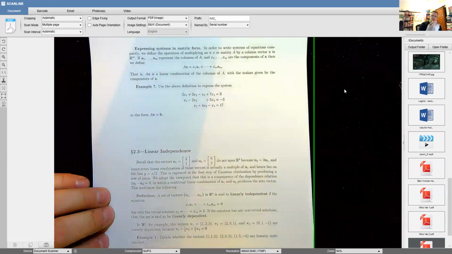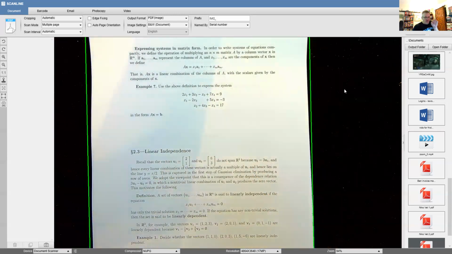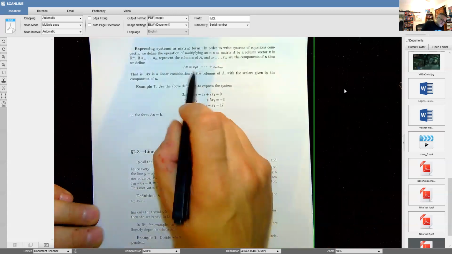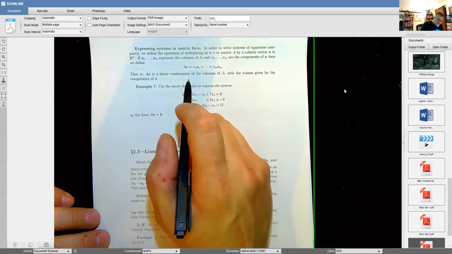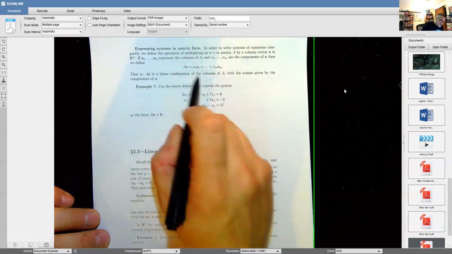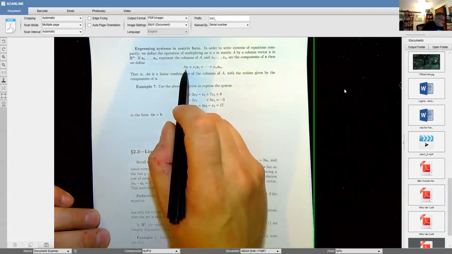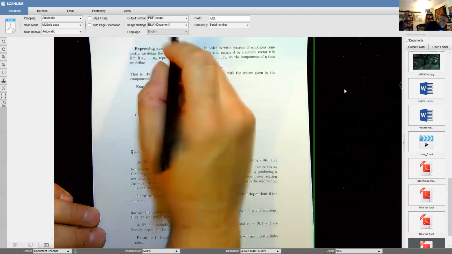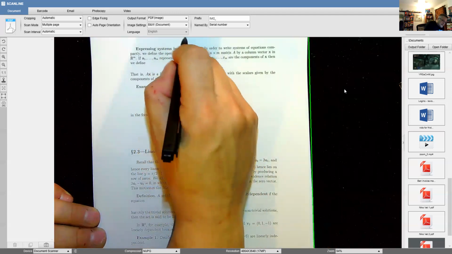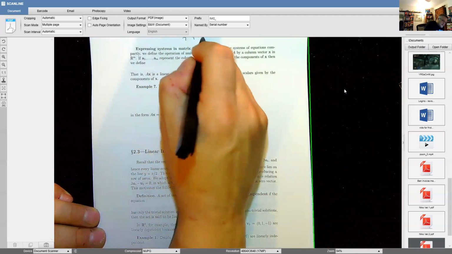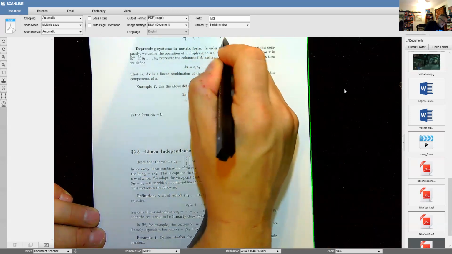I want to go one step further and, in a very compact way, write the left-hand side of an augmented system as a matrix times a vector, right? This is a special case of multiplying a vector times a matrix. So here I'm going to basically define what it means to have a linear combination. So I'm going to basically just say this.